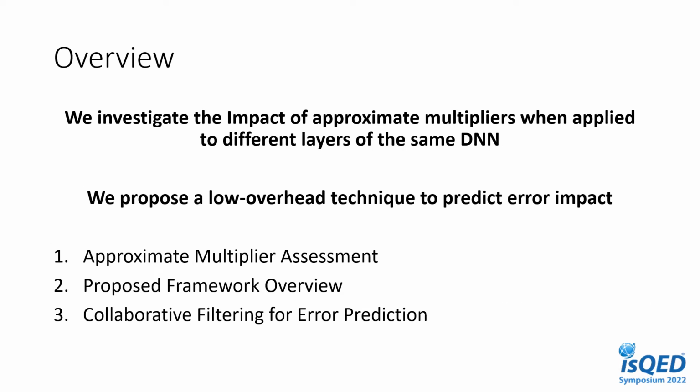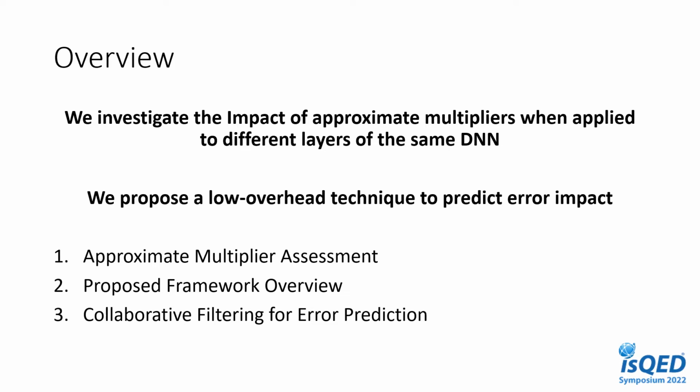In this work, we investigate the impact of approximate multipliers when applied to different layers of the same DNN across multiple datasets. We consider approximate multipliers and explore how more and less aggressive multipliers, in terms of mean relative error, affect DNN accuracy during inference when they are applied to separate layers.